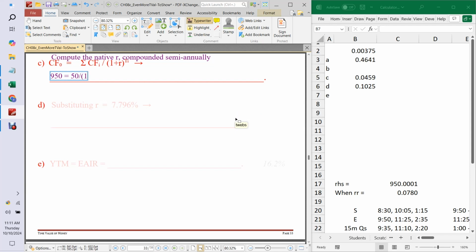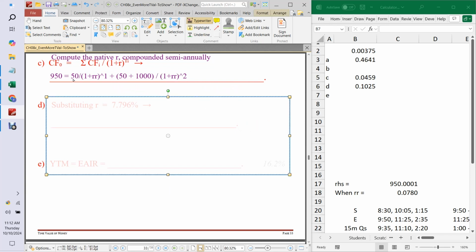So we need to discount that back by 1 plus R. I'm going to call that RR, raised to the 1 for one compounding period. And then plus, we're going to have 50 plus 1,000. We get that principal back and the final interest payment, divided by 1 plus RR raised to the 2, because that's coming into the second 6-month period, right?